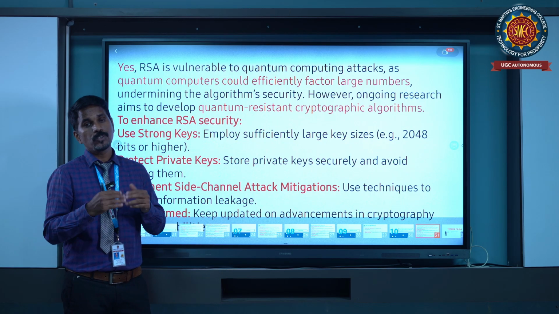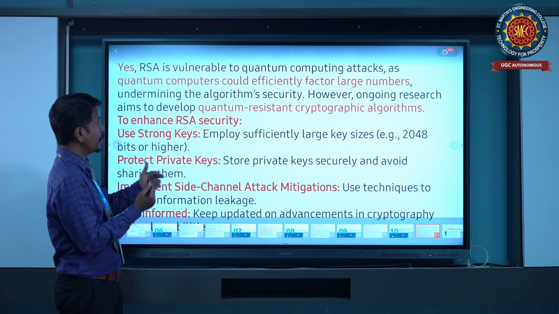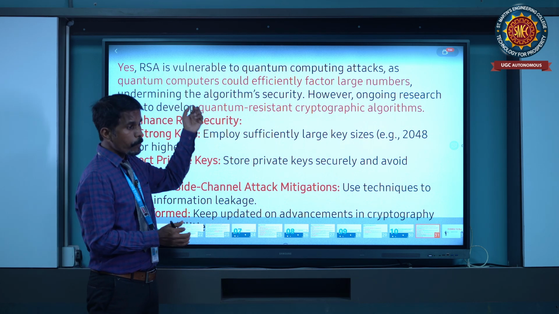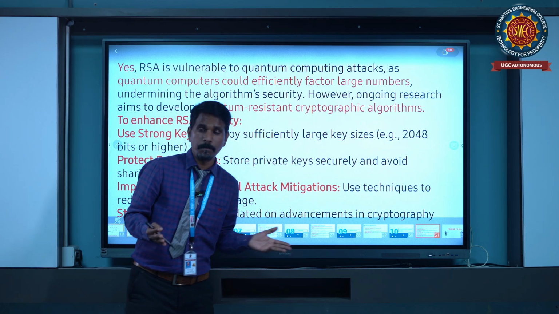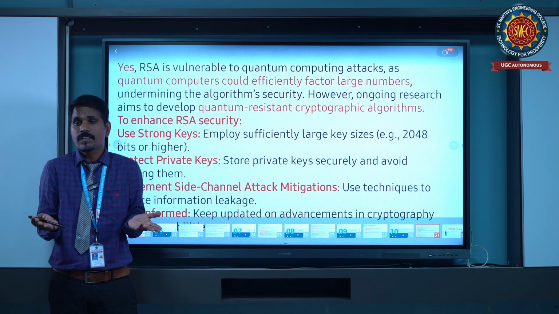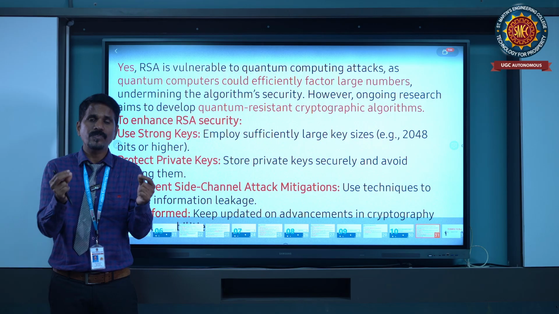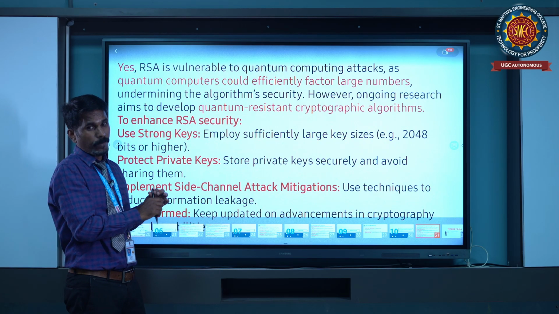Now research is going on to enhance this algorithm. Quantum computers could effectively factor large numbers, because quantum computing means processing millions and trillions of data items within a second. So that is why this is not the safest option.